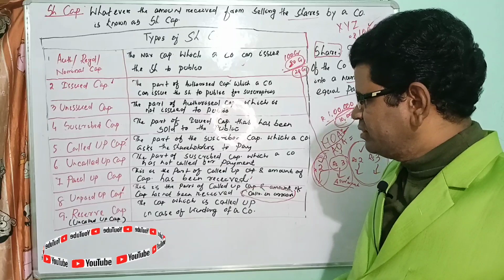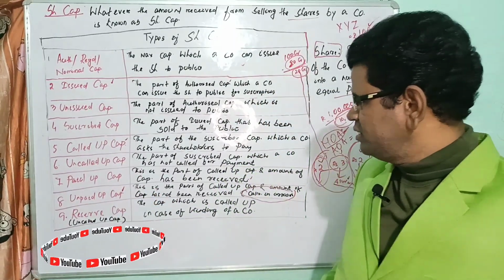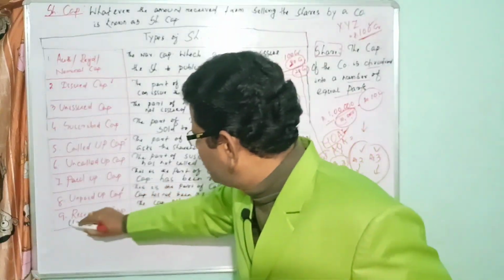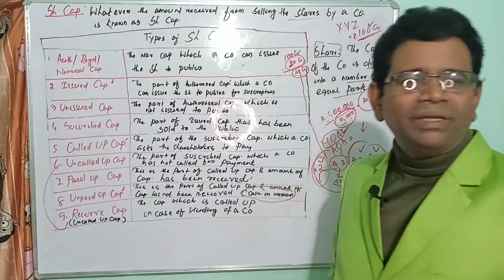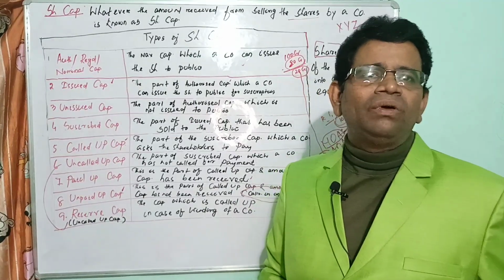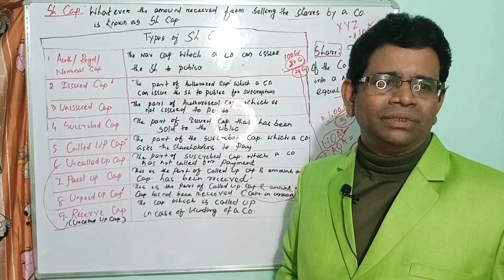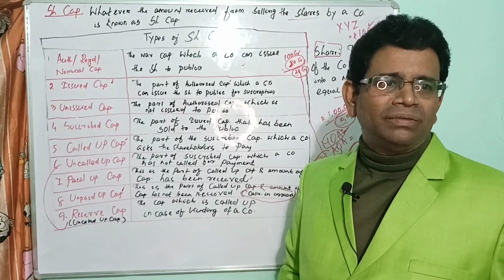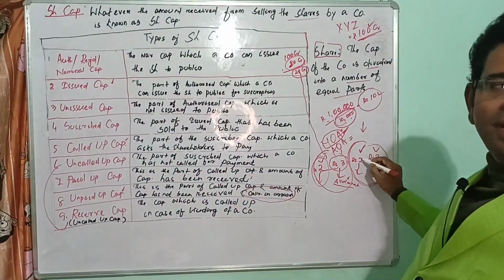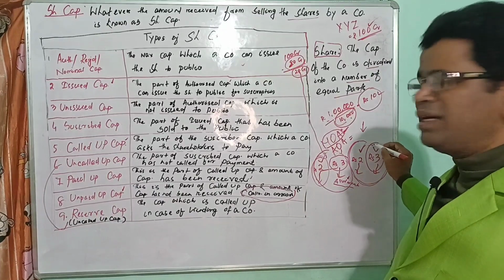Last but not the least, another type is reserve capital. It is also known as uncalled capital. Reserve capital is called up at the time of liquidation of the company. Here the uncalled capital is the first call and the second and final call.